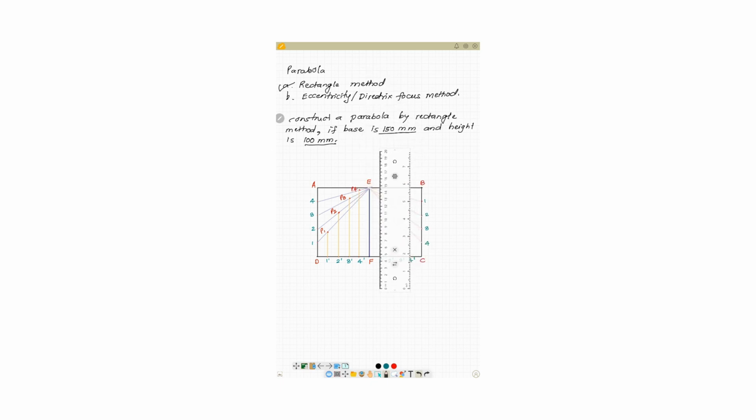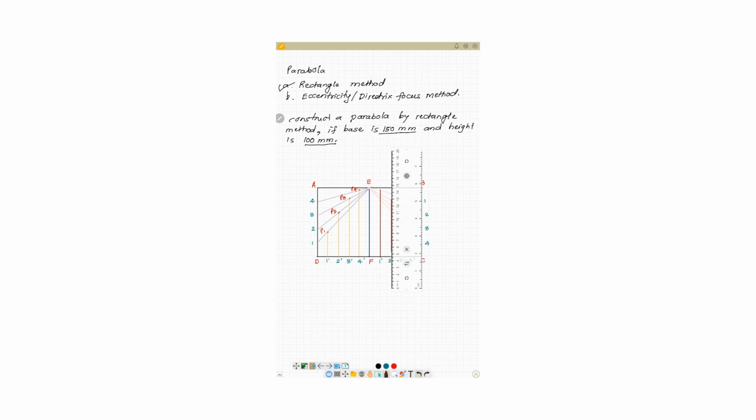Now we'll move our scale to point 1 dash and draw a vertical line passing through point 1 dash till it intersects the first line, that is E1.